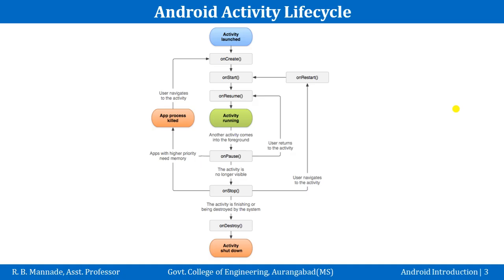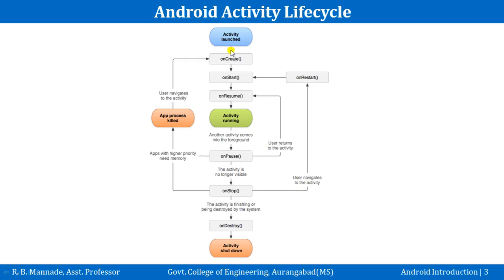Now an Android activity goes through a certain number of steps, or states, throughout its life cycle, and this life cycle is controlled by 7 callback methods of the Android framework or Android SDK.